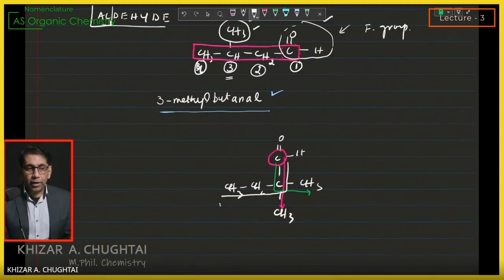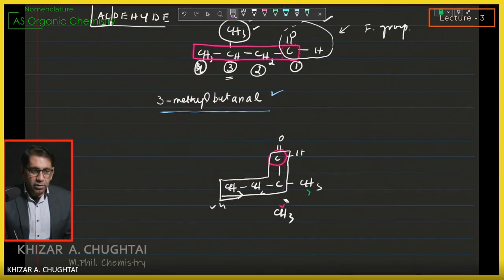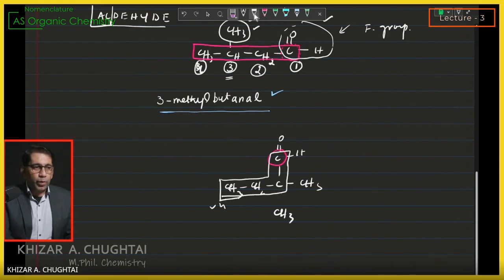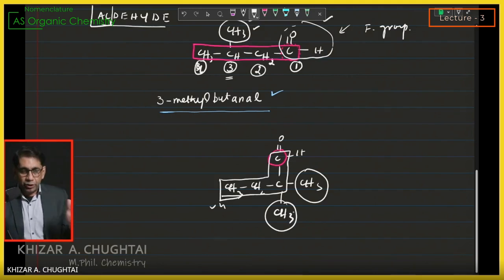Here are four carbons. So this is the continuous, longest chain of carbon atoms. So in this case, there are basically two branches. There are two methyl groups, you can say. One methyl group is over here, and one is over here. There are two methyl branches.